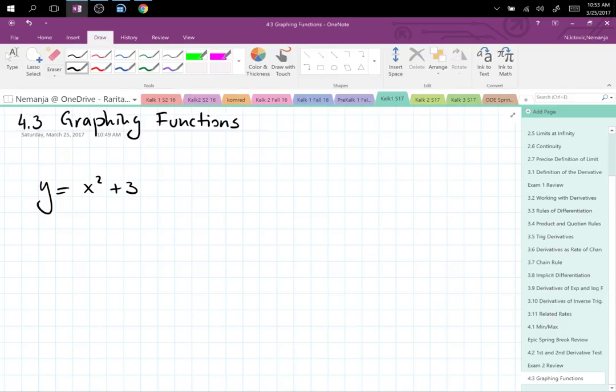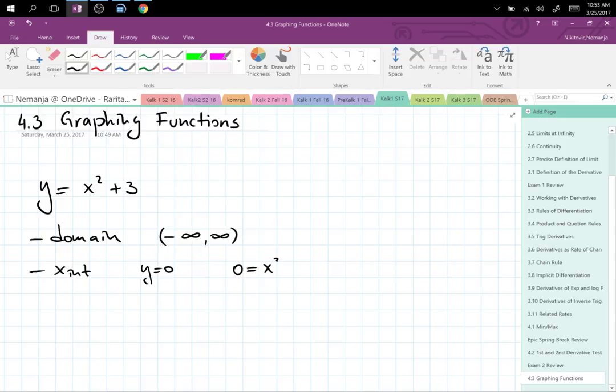So let's start. This is a very easy problem. The domain is from negative infinity to positive infinity. We know that's the domain for all polynomials. Range, we really can't compute the range in here, so we'll just leave the range alone for now. But I can definitely compute x and y intercepts. The x-intercept is when we set y equal to 0.